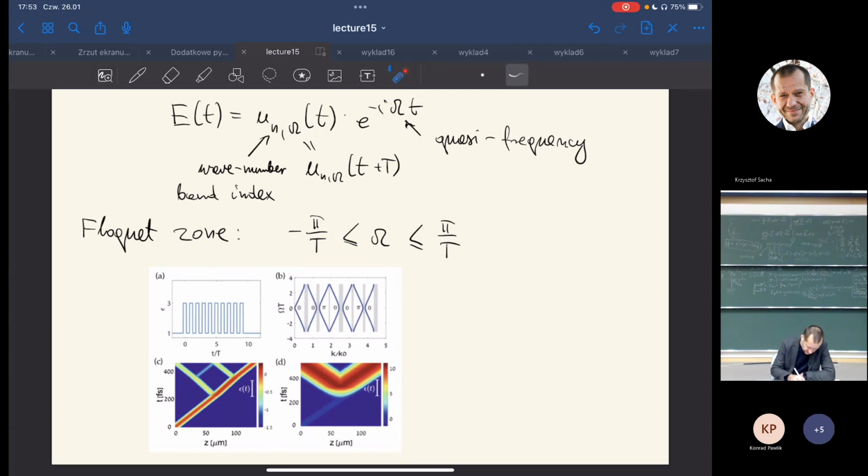So we have different time intervals, and in different time intervals the dielectric constant is constant. So for example, for this period, the dielectric constant is equal to 3.